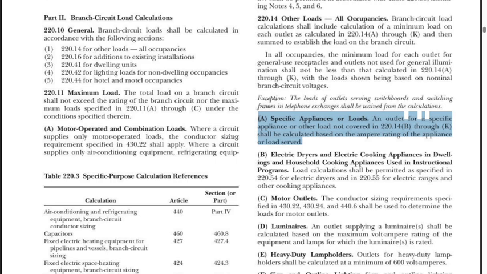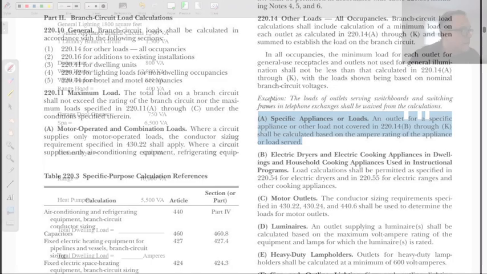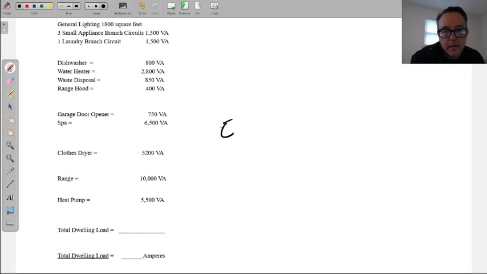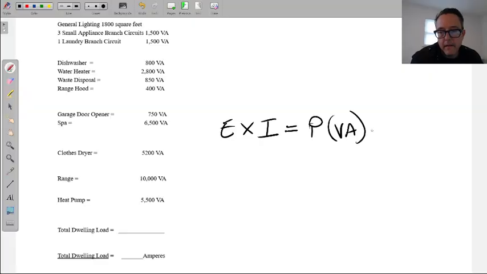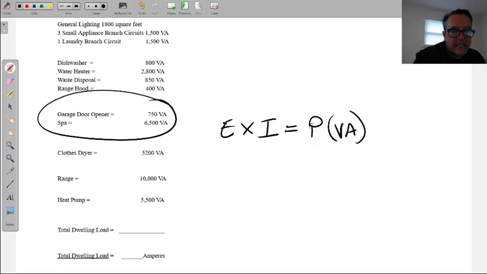However, we're going to need to convert those appliances, and here's where E times I comes into play. I'm looking for P, I'm looking for that VA. I've got to get to the VA of the unit. If I know the voltage of the system, now here they're just giving us the VA.